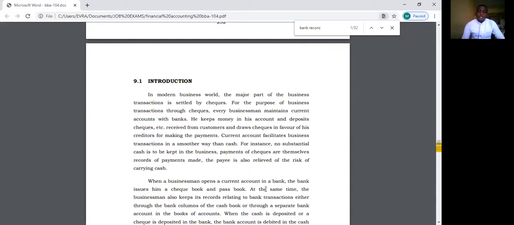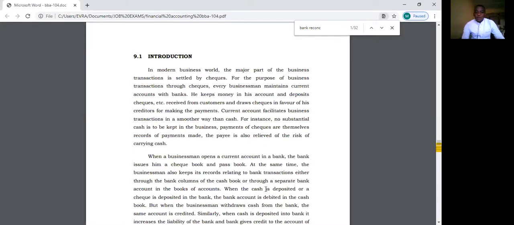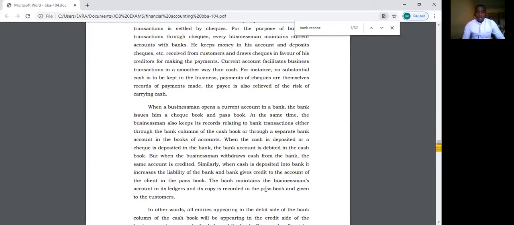When cash or a check is deposited in the bank, the bank account is debited in the cash book. But when the businessman withdraws cash from the bank, the same account is credited.